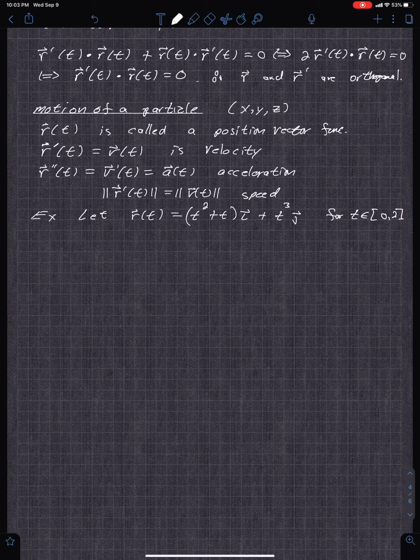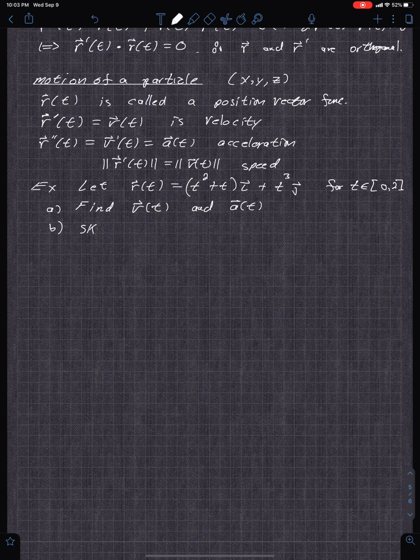I usually have everybody do this in class. So find v of t and a of t. What I'll do this time, I'll just tell you what to do. You try it, and then I'll just paste it in. Save a little time here.